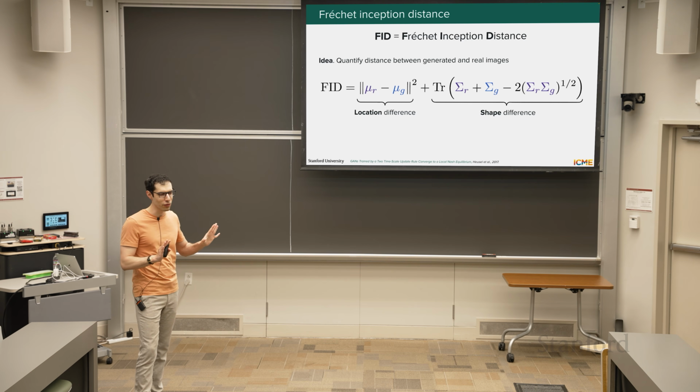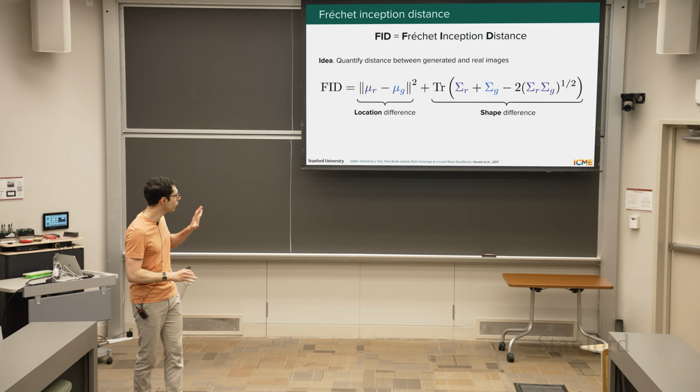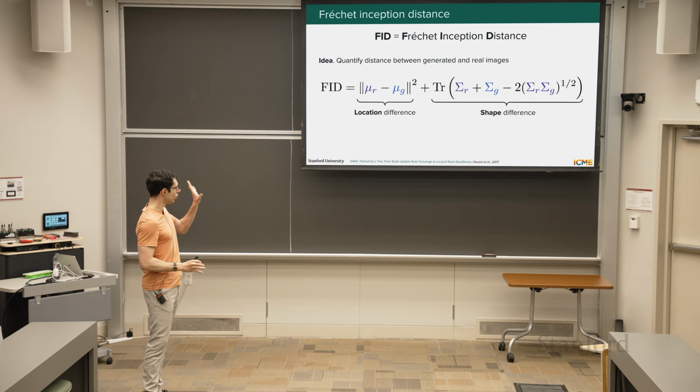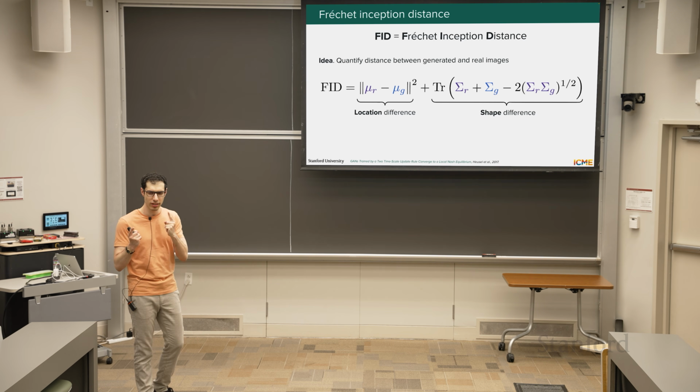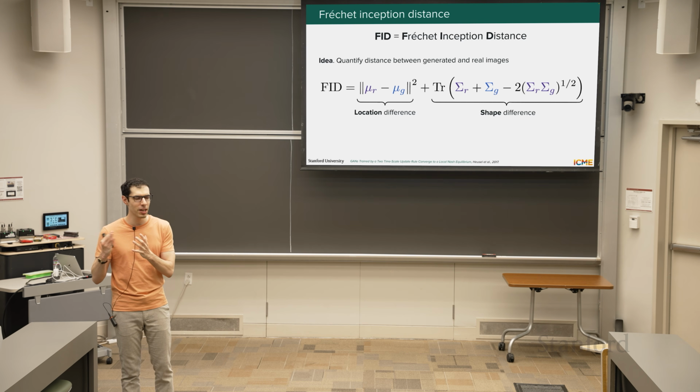So that's where the formula comes from. But in terms of interpreting each term, you can think of the first term as the difference in location, and the second one is how the shapes differ.